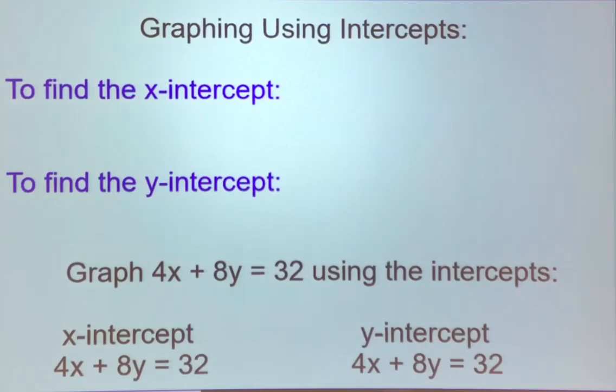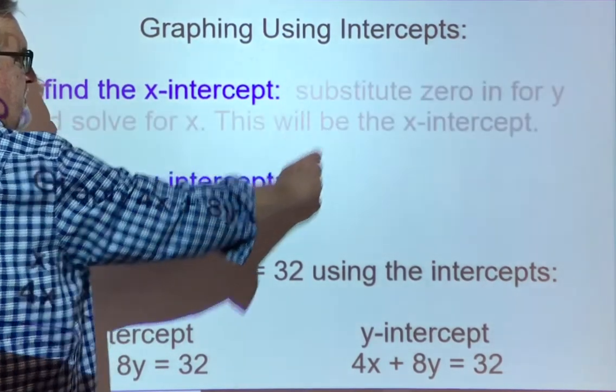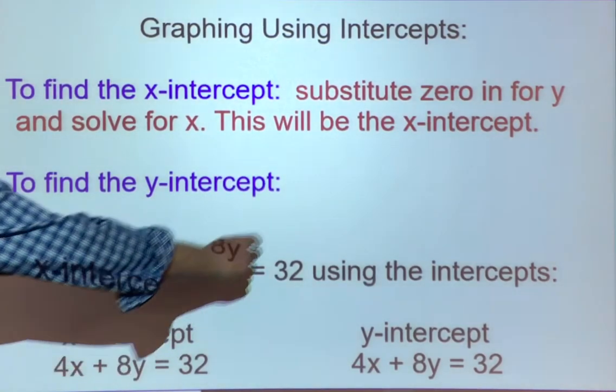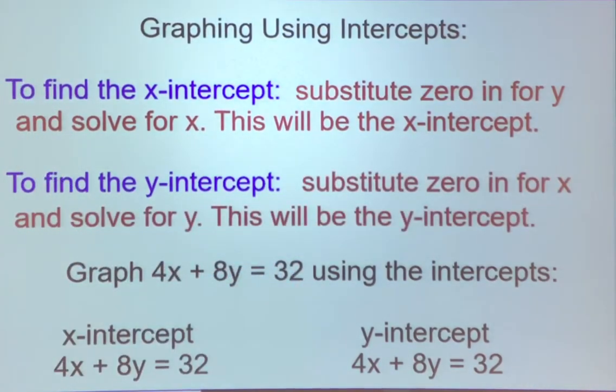So let's take a look at this. To find the x-intercept, all we've got to do is substitute 0 in for y and solve for x. And this will be the x-intercept. Remember, in our ordered pair where our graph crossed the x-axis, the y-coordinate was 0. So if we plug 0 in for y and solve for x, it makes sense that we're going to get the x-intercept. The same thing is true when we're looking for the y-intercept.